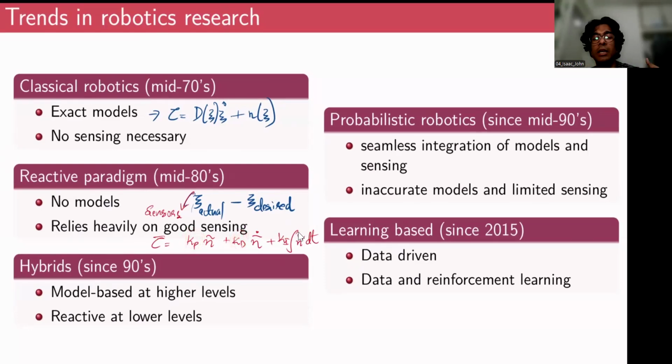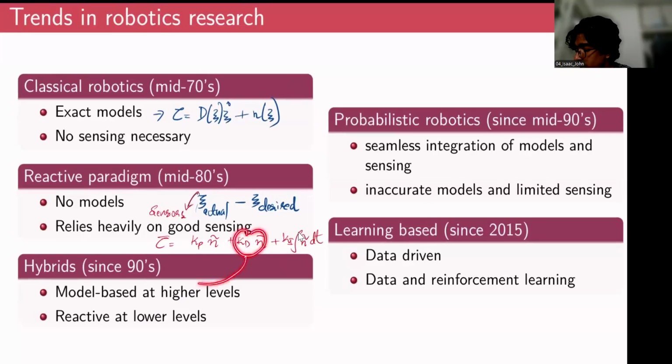Kd contributes based on the rate at which the error is increasing or decreasing, so it depends on how fast the error is changing. And this integral term gives a component that is representative of the error that has accumulated over a period of time.